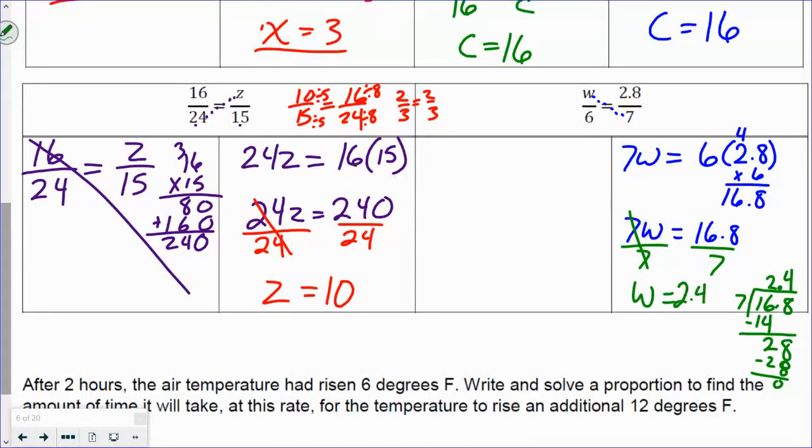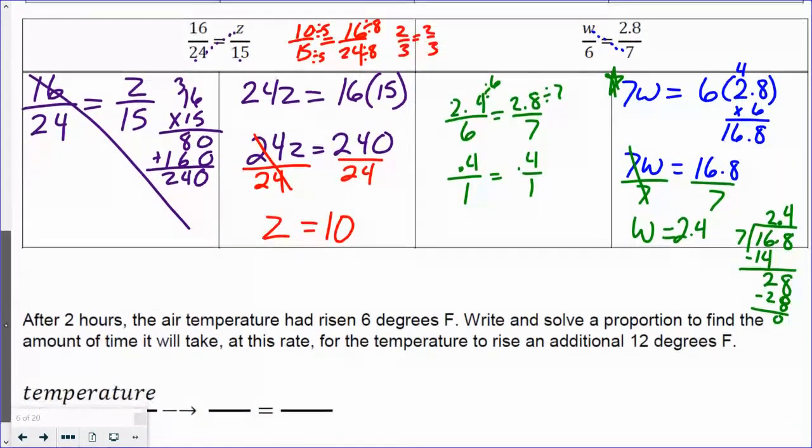So we are saying that we have 2 and 4 tenths 6 equals 28 sevenths. And there is a way to eventually get down to it. I know I could take 7 into 28. And if I took this one and divided by 6, we would get 0.4 over 1 equals 0.4 over 1. All right, but most of the time, this is how you're going to want to solve with your cross products.